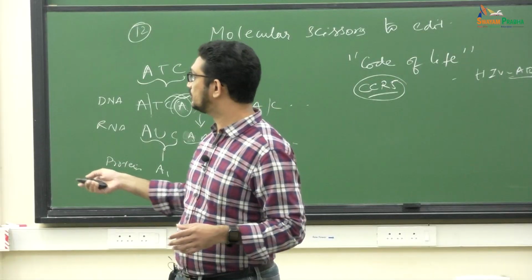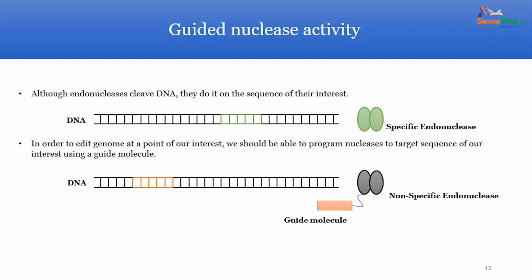So there you can use non-specific endonucleases. But you need a specific tag, or a guide molecule, that will go and bind to whatever region you have. In specific endonucleases the enzyme can only recognize one specific thing.